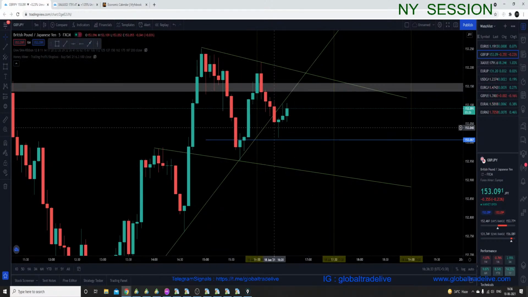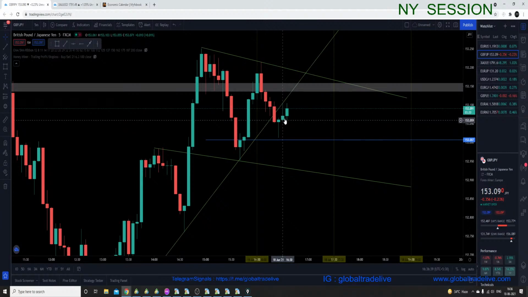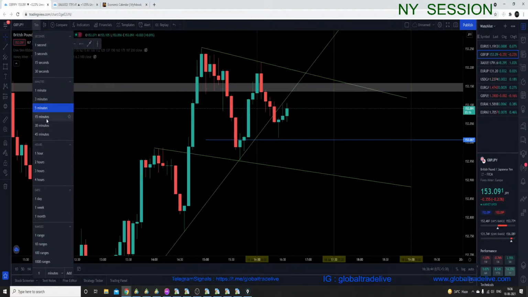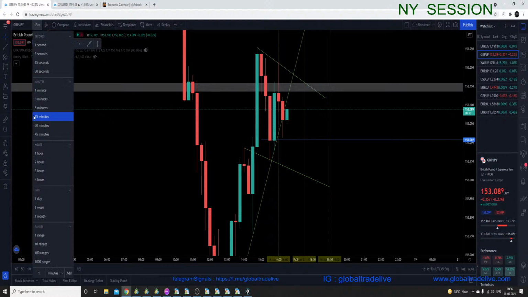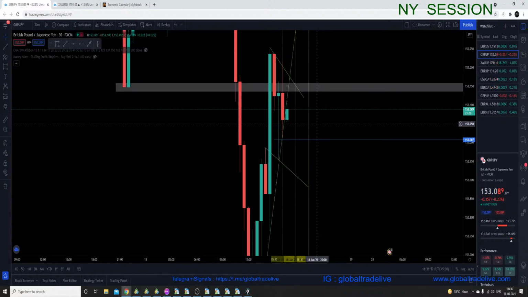I like what GJ is doing right now, because when it starts to come down, we will be ready. 15-minute candle is kind of rejecting that area.